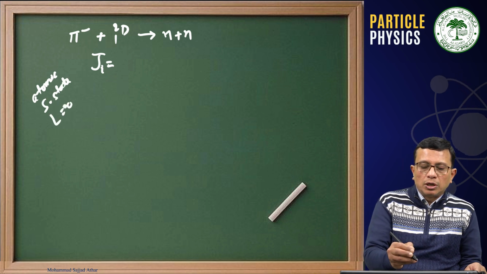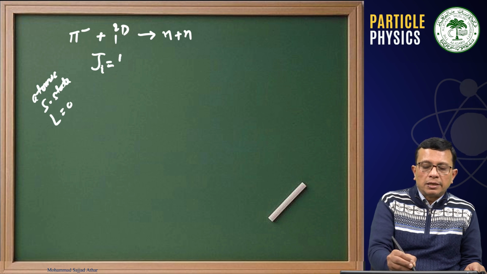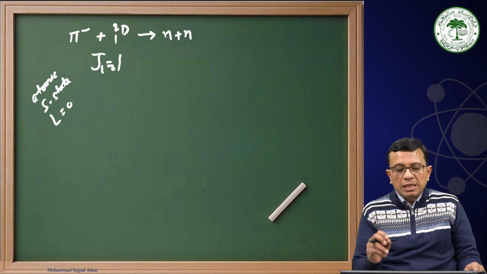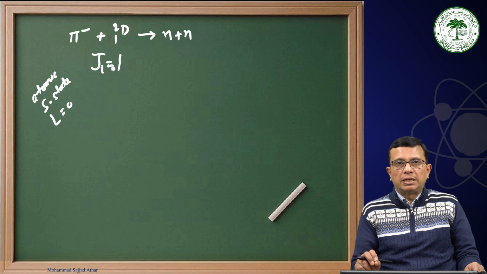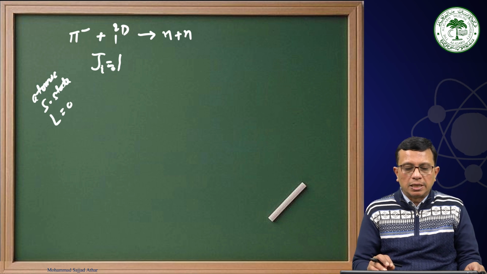Therefore, L equal to 0 and S equal to 1, coming from the deuteron's spin, results in the total angular momentum of the initial state being 1, and that is also the total spin of the initial state because the orbital angular momentum in the initial state is 0.